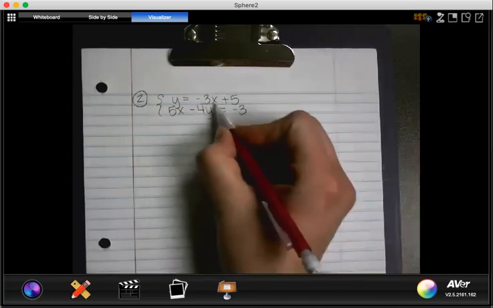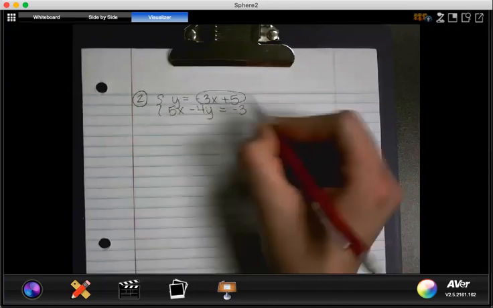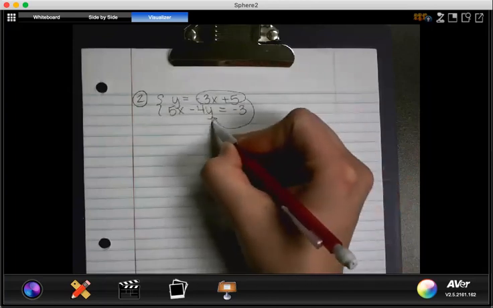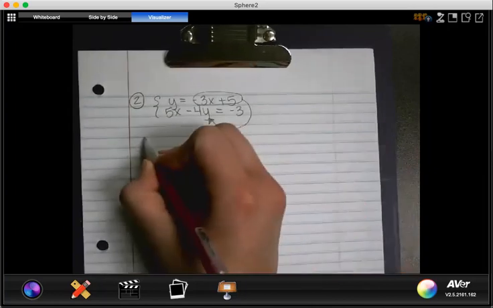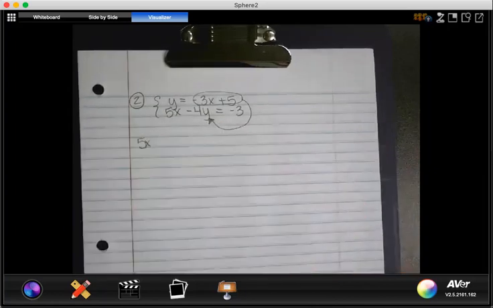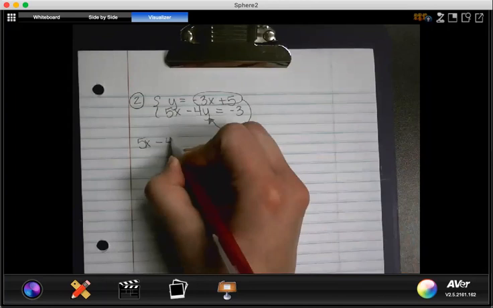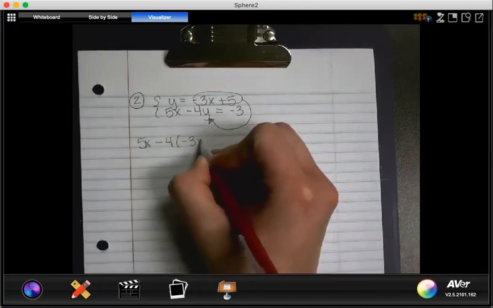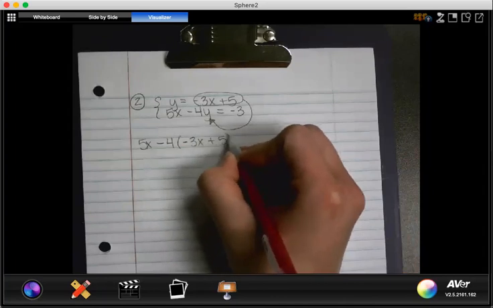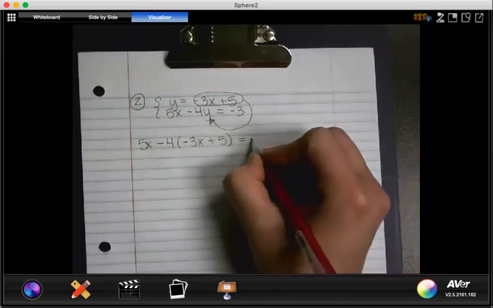We're going to take this expression for y and substitute it for y in the other equation. That's going to look like 5x minus 4 times the quantity of negative 3x plus 5 equals negative 3.